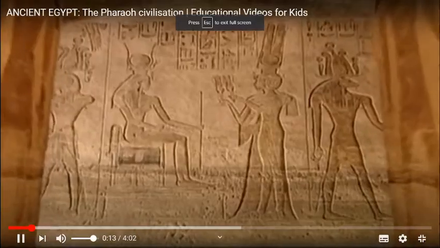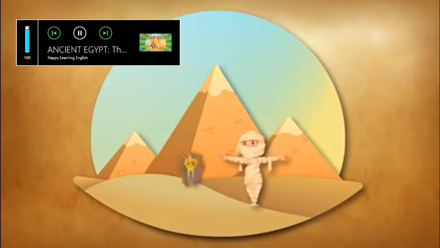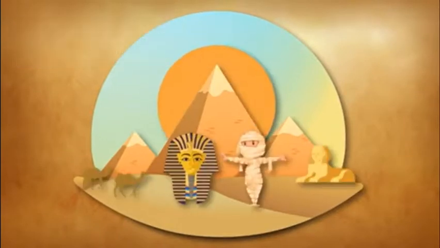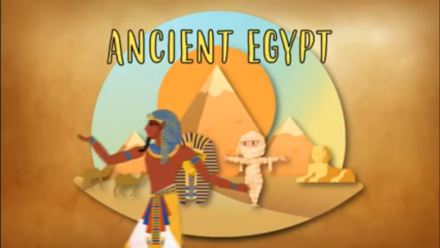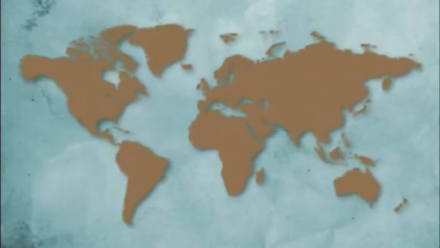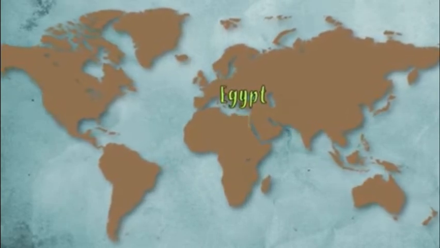As you can see in the images, today we're going to talk about pyramids, mummies and pharaohs. Today we're going to travel to ancient Egypt. Egypt is a country that still exists today, situated in northeastern Africa.